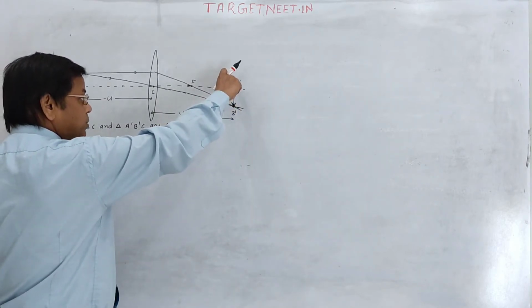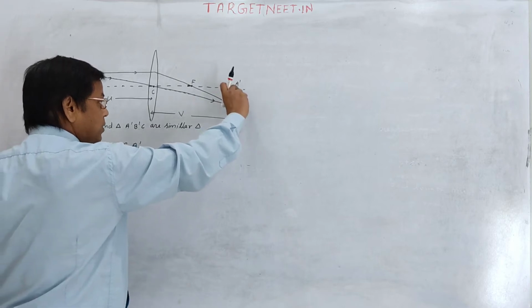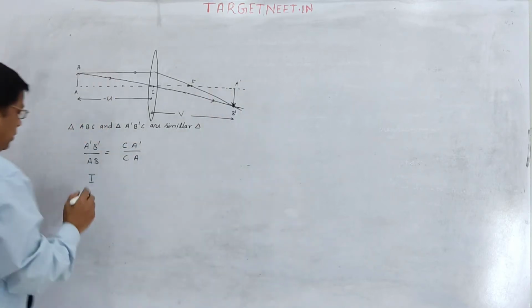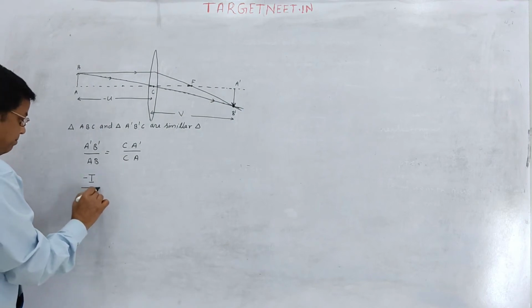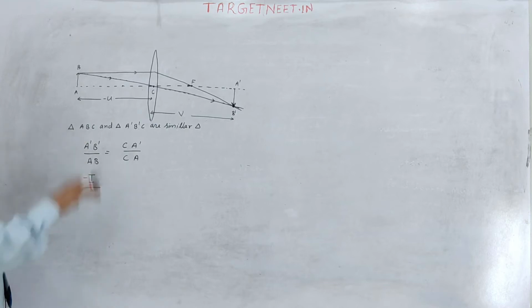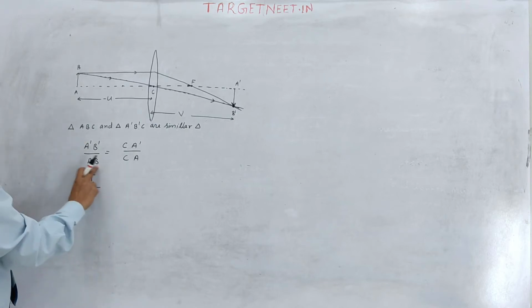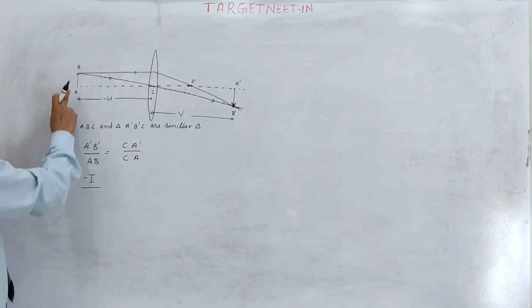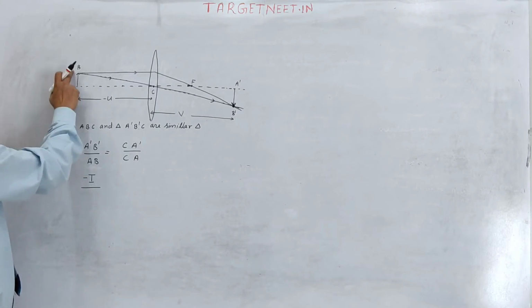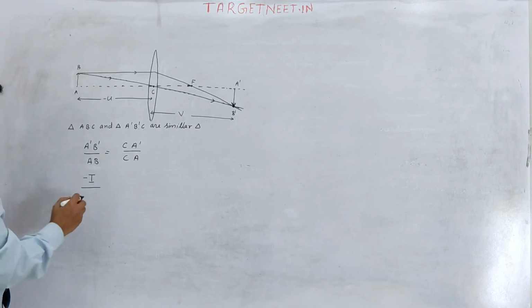So to measure size of image, you have to go below the principal axis, so you have to take the sign negative. So I am putting here minus I, because length I is measured going below the principal axis. This is the size of object, and you have to measure object size going above the principal axis, so that is positive.